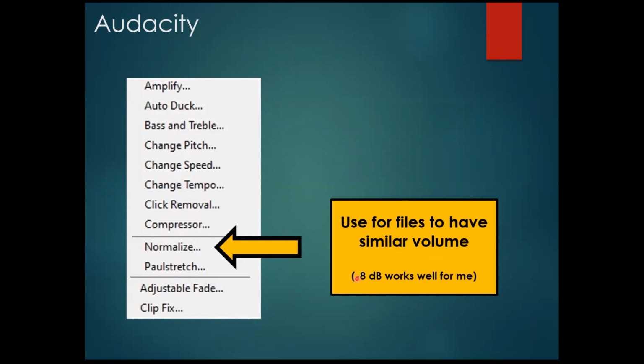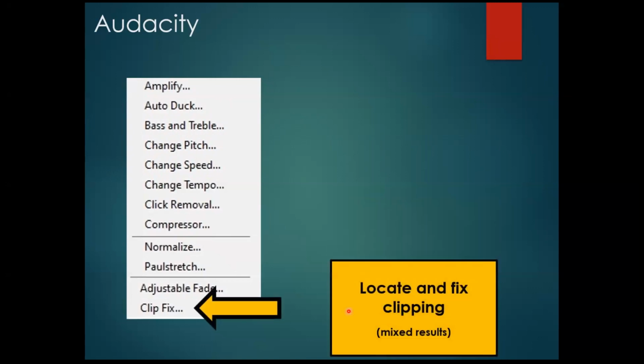I found that -8 dB works well for me. So when I play them back through the audio stream through my SO2R box or whatever, all the individual files come out at the same volume. So it makes adjustment easy. And I also use clip fix, although again, it gives me mixed results. If I see clipping, I'll usually just record over the top and not let the program fix it.